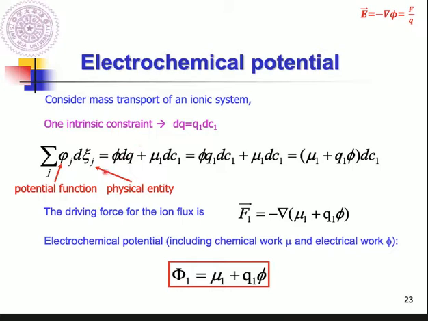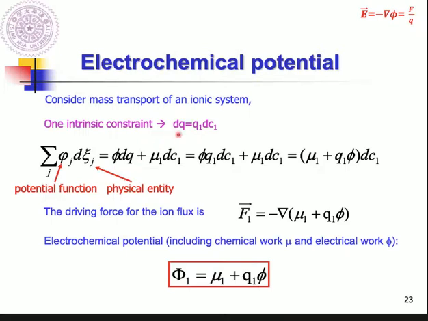If there's no electrical field applied on this material, the potential energy can be expressed as mu1 dc1. However, there is an electrical field applied on the system, right? So when ions move through this electrical field, you need to add an extra term to modify the potential energy of these diffusing ions. It's phi dq.